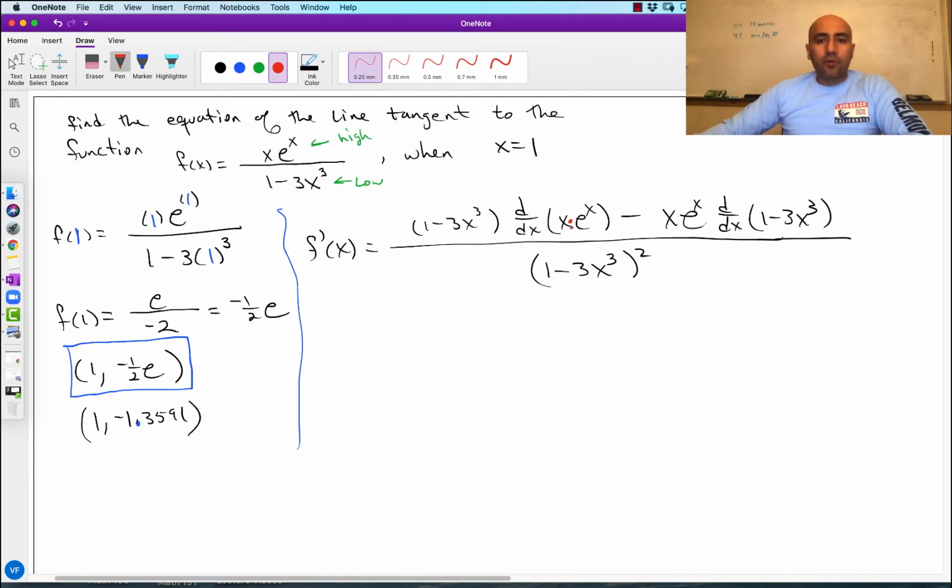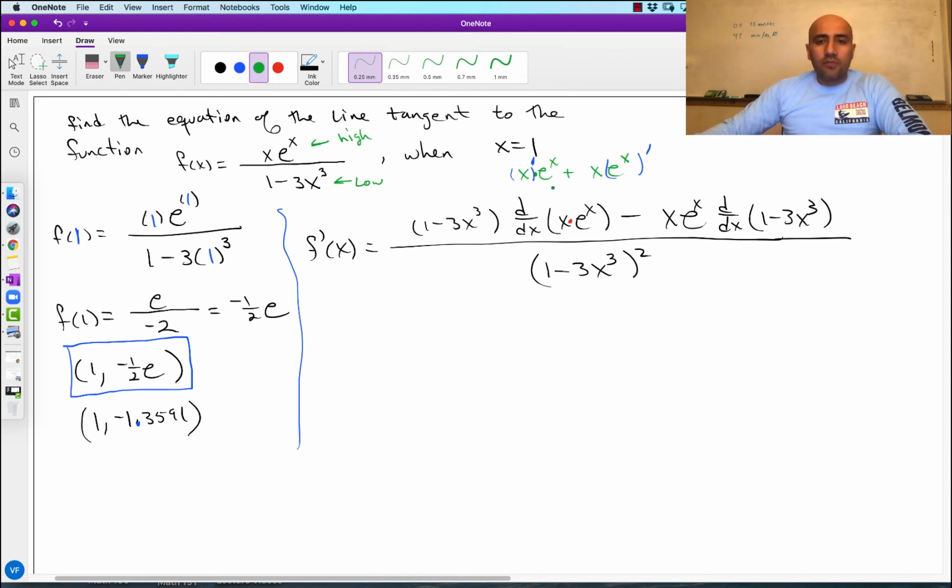Let's see, this is going to be a product rule, so it's going to be equal to, let's put it in green, x e to the x, plus x e to the x. And now I need to take the derivative of the first one, then leave the first one alone, take the derivative of the second one. Okay, but the derivative of the first one, the derivative of x, is just 1.